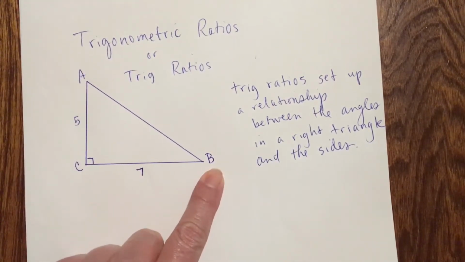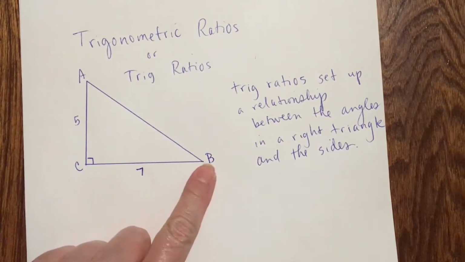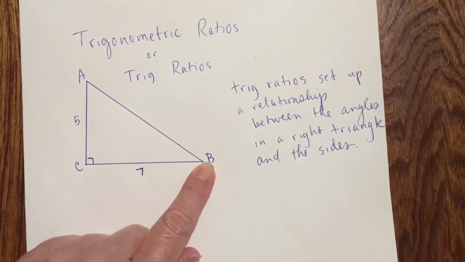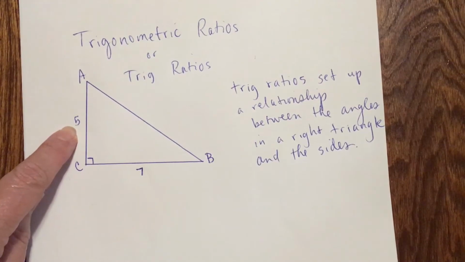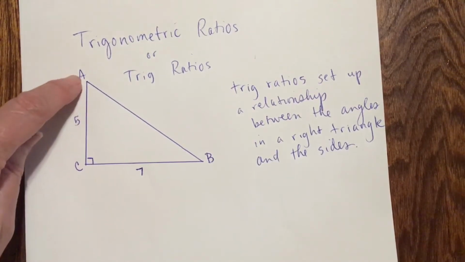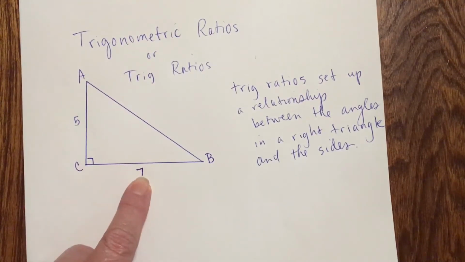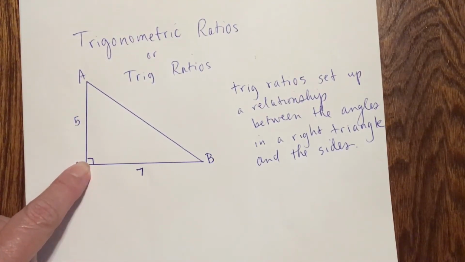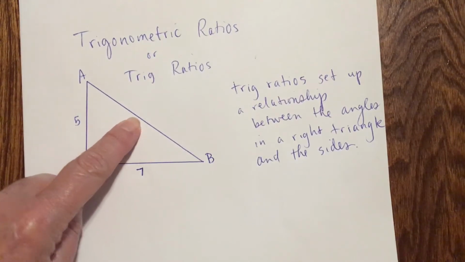So as I look at this, if I'm looking at angle B, the opposite side from B, if I go across the triangle, is 5. If I'm at A and I go through the triangle, the opposite side is 7. Now, if I'm at C, I can go through the triangle and I get to the hypotenuse.